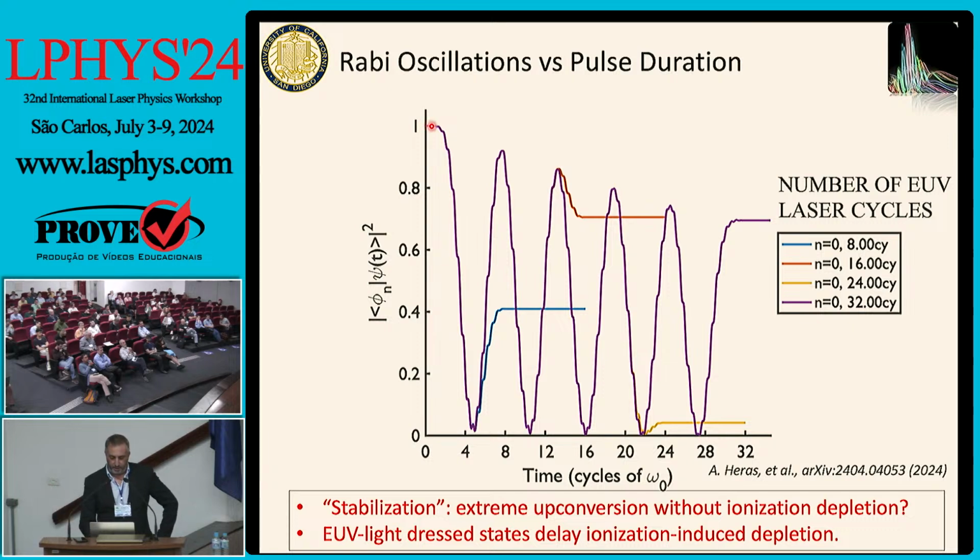However, due to these Rabi oscillations, we are not fully depleting the ground state. There is some depletion, some slight leakage of the electron wave packet, but still, within multiple laser cycles, 20 to 30 laser cycles, we still have substantial population in the ground state, which keeps producing high harmonics. So this adds to the efficiency of the upconversion process.